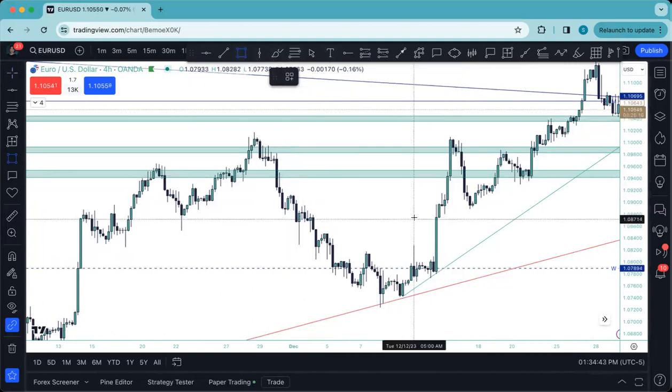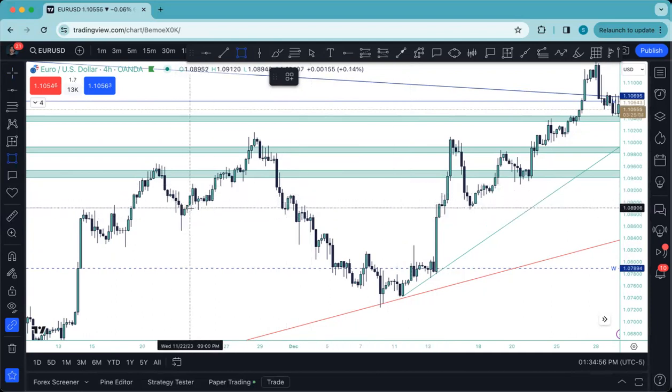Remember, when you're finding zones, you're looking for the small candle on the left-hand side that is being broken by a strong, longer candle on the right-hand side.